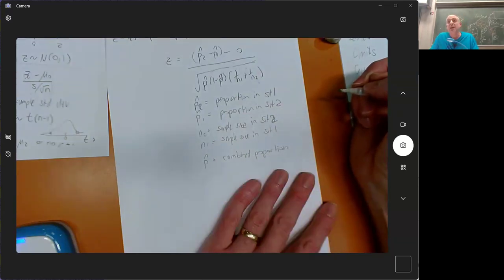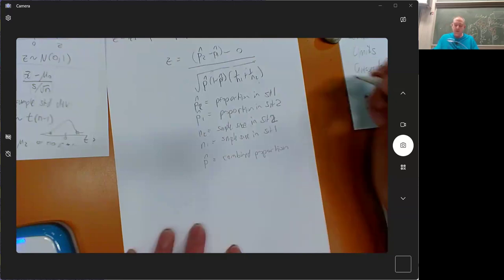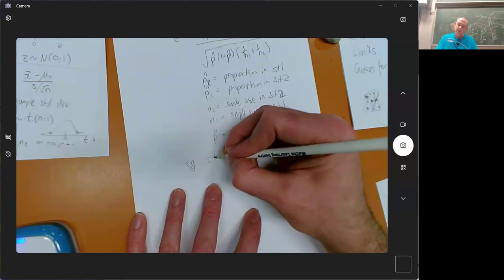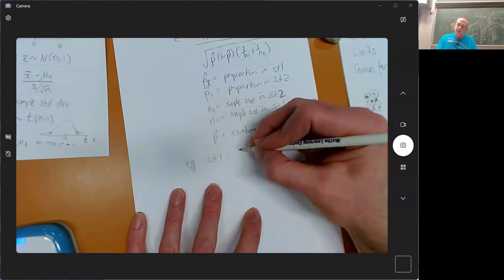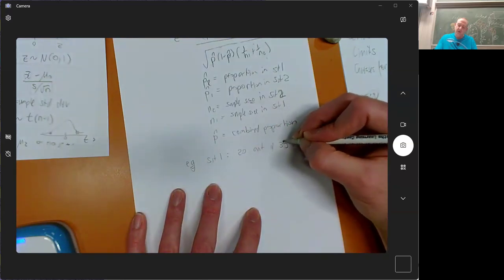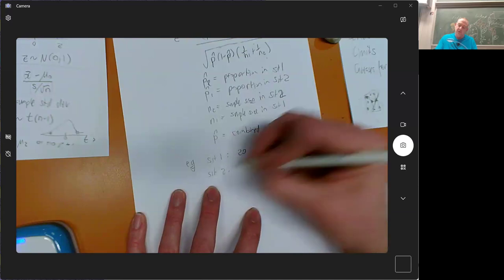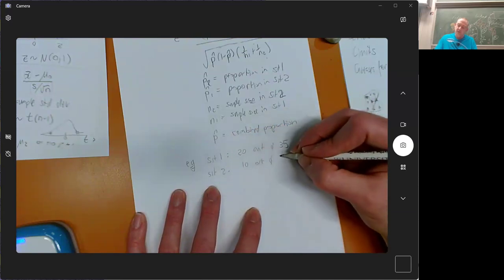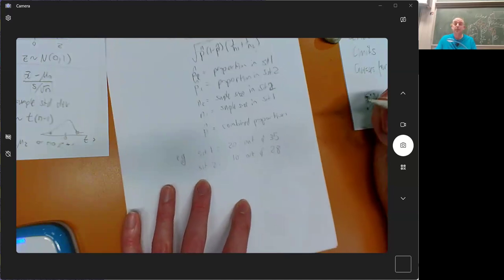And I can only do this with an example. It's too hard to do a formula for it. So e.g., situation 1 had like 20 out of 35, and situation 2 has like 10 out of 28, for example.